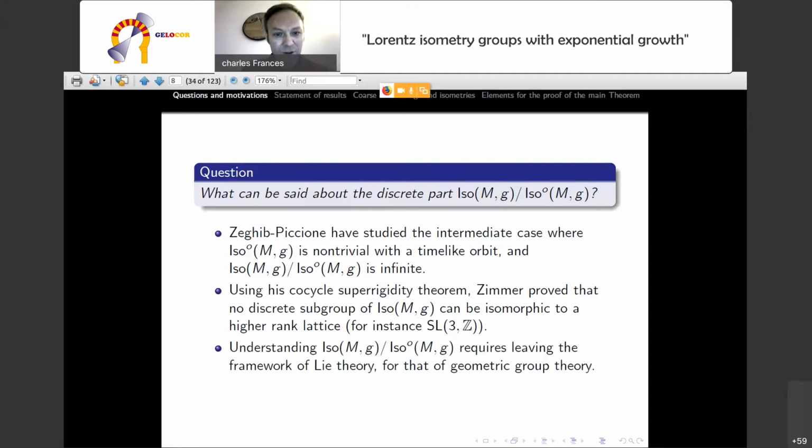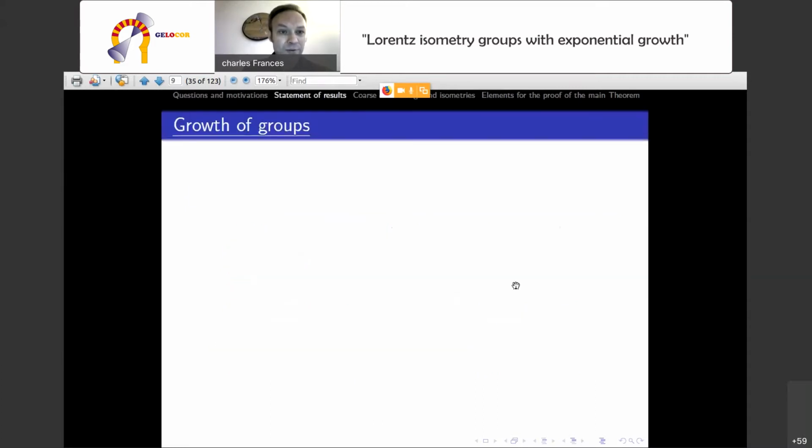Okay. And so this new situation dealing with discrete groups requires to leave the framework of Lie theory and to adopt the language of geometric group theory. That's why I will make a few recalls about the notion of growth of groups. So you start with a finitely generated group, so gamma.